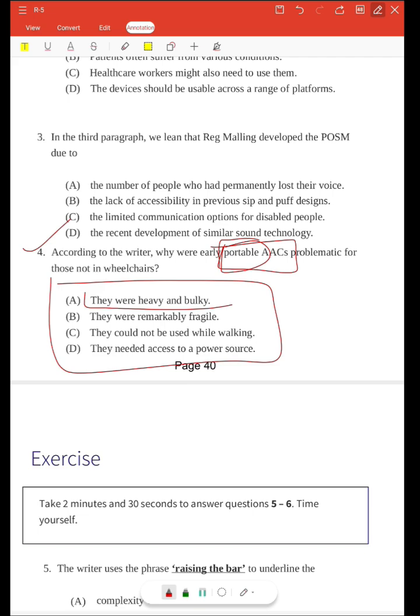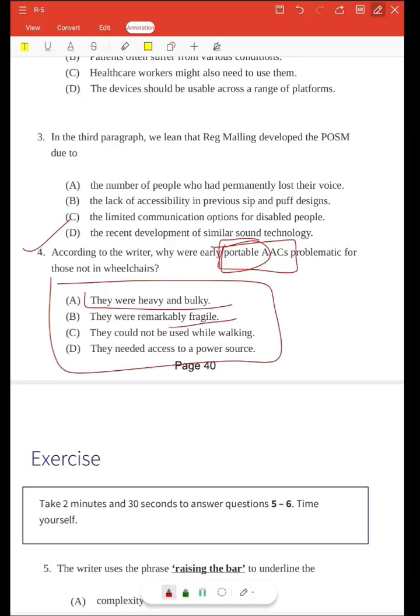Those not in wheelchairs, the person who is not on a wheelchair, who can move on their own but has lost their voice, why is it difficult for them to carry portable AACs? So we have options. They were very heavy and bulky. They were remarkably fragile.